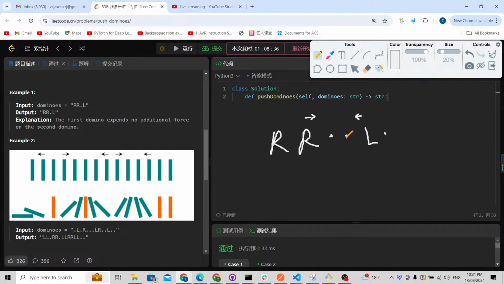So for this dot, we're going to check the distance to the R and to the L. If the distance to the R is more than the distance to the L, I mean it is closer to L, then it will first be activated by L. This means it will fall to the left.